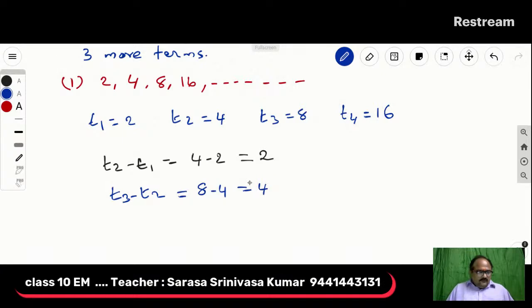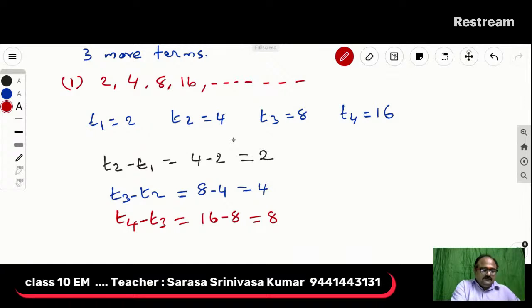So here we observed that there is no common difference. I write one more step here: T4 minus T3. This is equal to 16 minus 8 equal to 8. So is there any common difference?